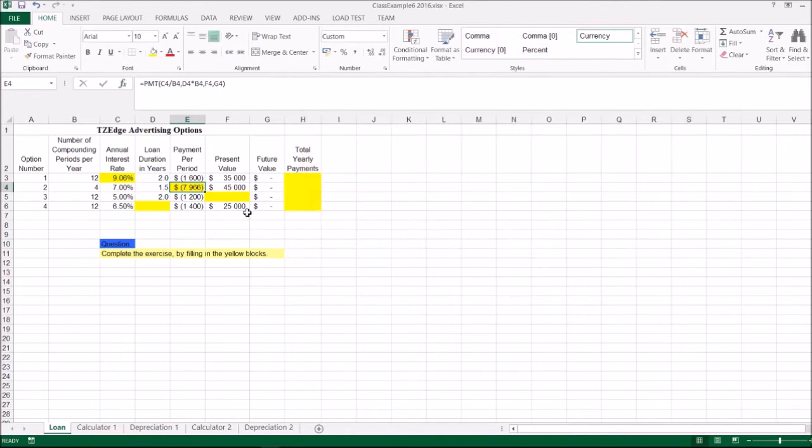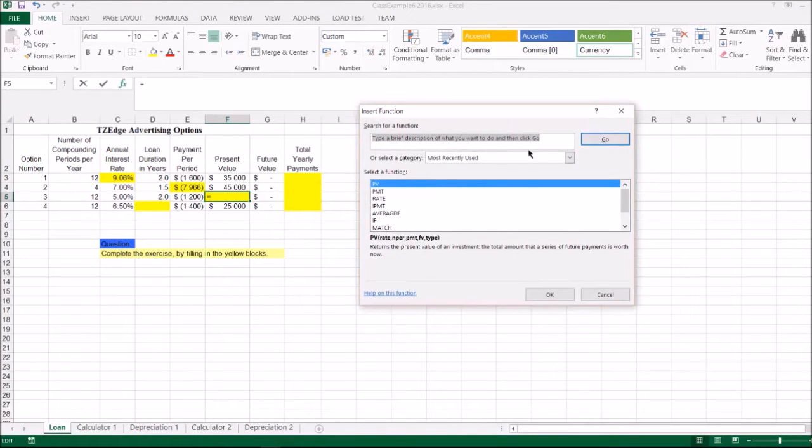Now we're going to calculate the present value. So go ahead and look for the PV function. Click OK.